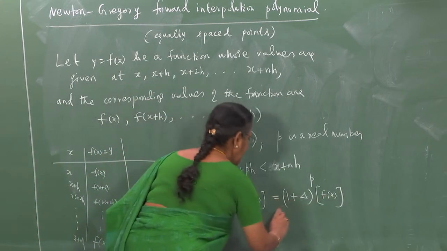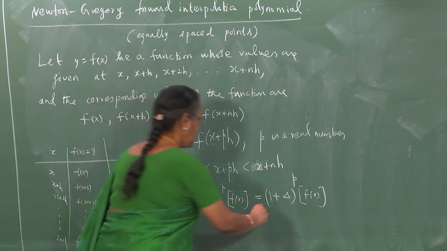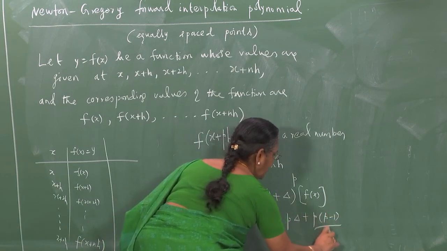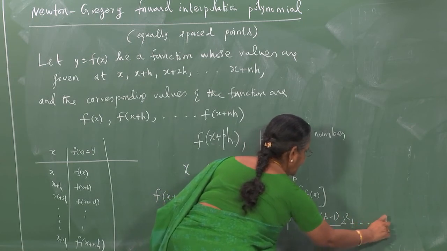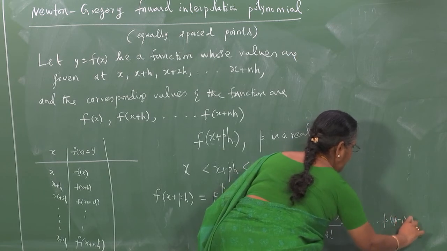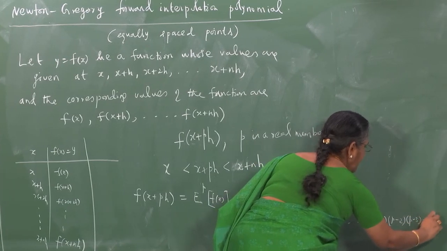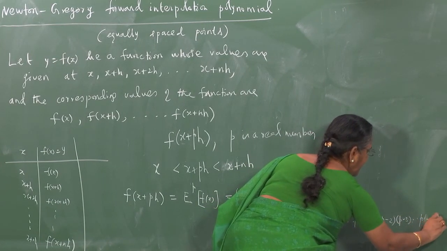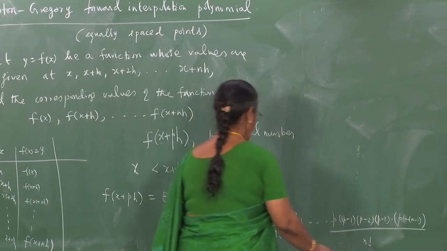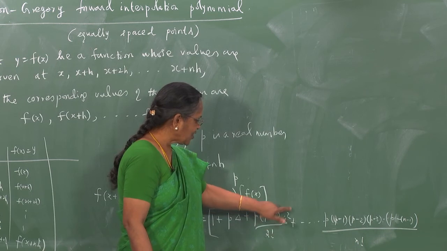So, at this stage I can expand 1 plus delta power p using the binomial theorem. So, it is 1 plus p into delta plus p into p minus 1 by factorial 2 into del square plus etc. p into p minus 1 into p minus 2 into p minus 3 etc. p minus n minus 1 by factorial n into, when I have p into p minus 1 by factorial 2, I have del square.